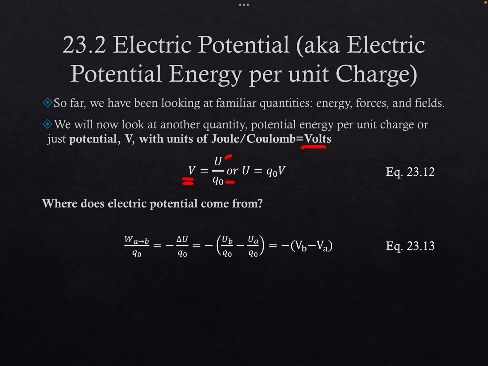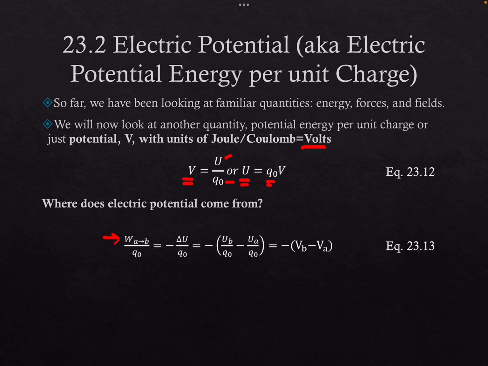And so you can rearrange that to show that your electric potential energy is simply your test charge times potential, whatever this potential is that we're going to define. So what is this potential? Where does it come from? Well, if we scale the work done to move that test charge from point A to point B, we're going to divide everything on the right-hand side of that equation by Q naught.